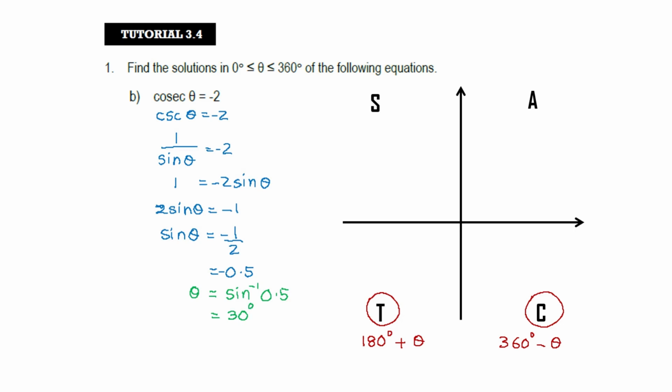Therefore your theta is 180 degree plus 30 degree, and then 360 degree minus 30 degree. And your last answer will be 210 degree and 330 degree. And that's it for this tutorial 3.4 question 1.